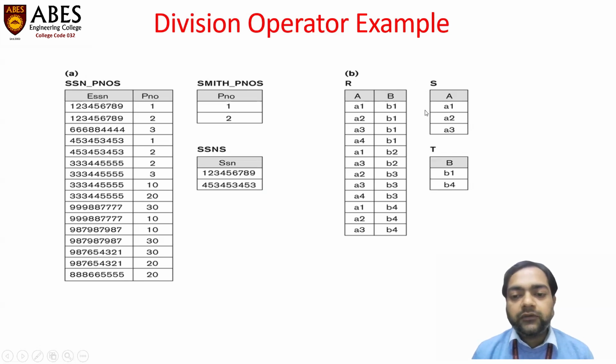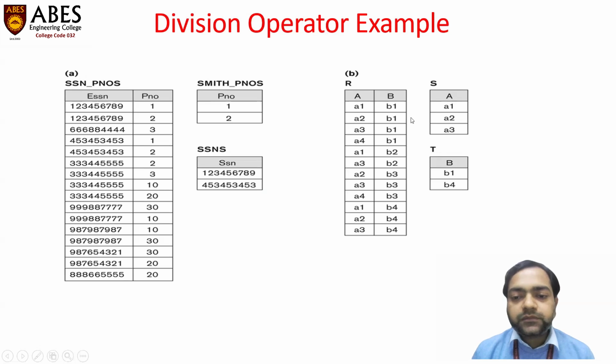Basically, first of all, we'll identify which columns will be present in the resultant relation. If we see here, A will be cancelled out with this A, and B will be present in the resultant relation named T. Now we'll talk about the tuples. The value which contains all these values will come into the resultant relation.